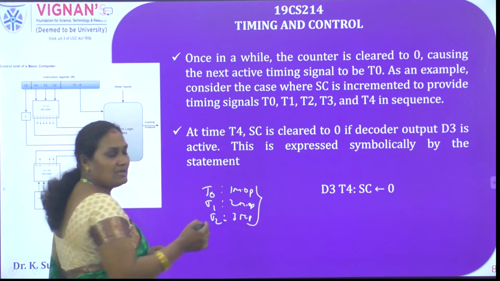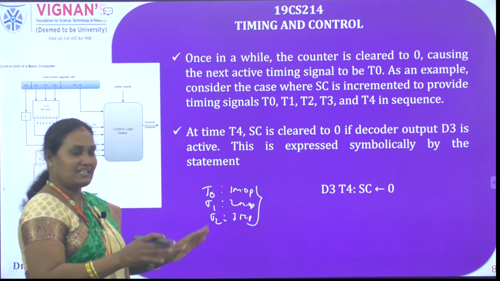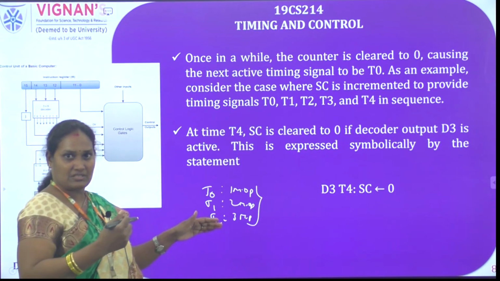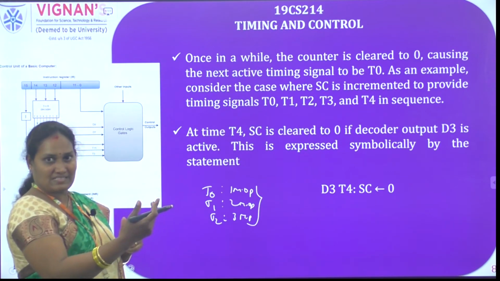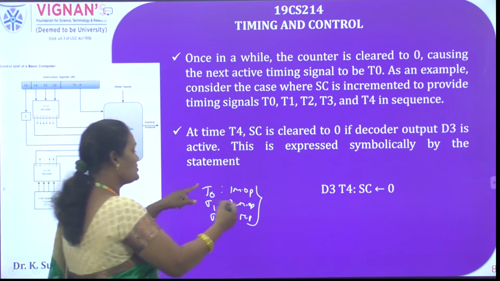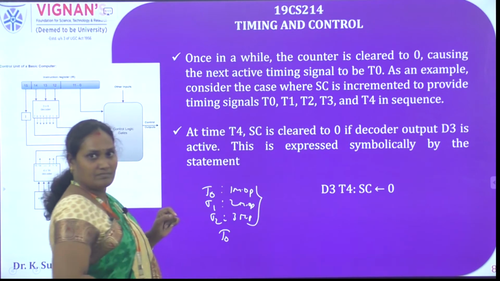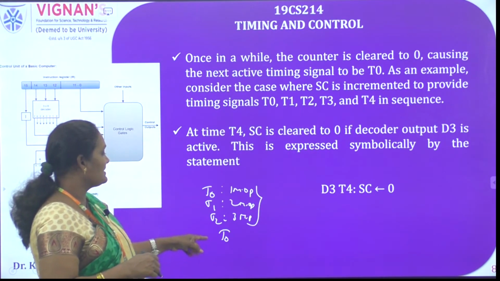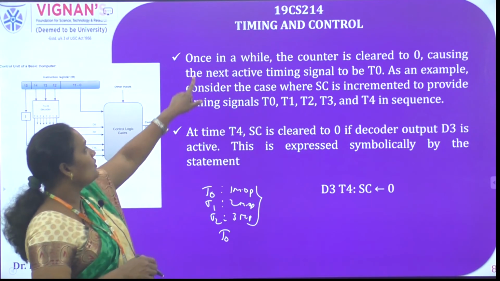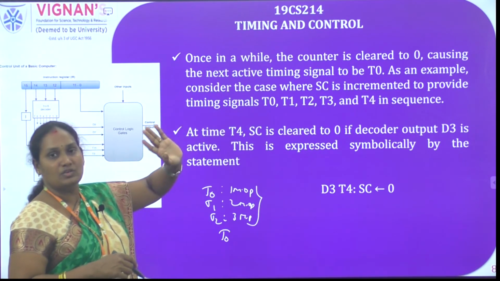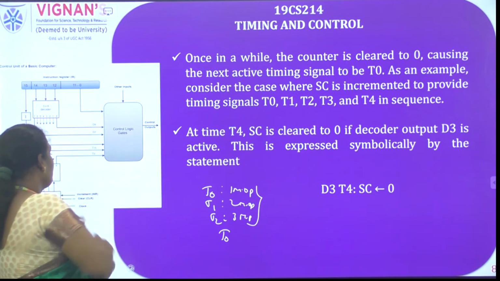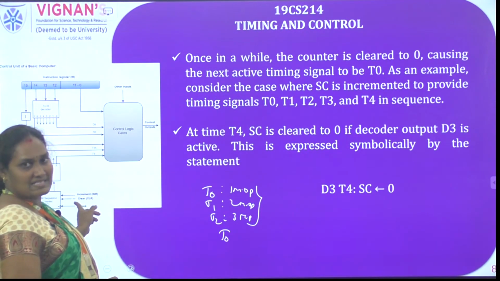By doing these 3 micro operations, if I completed the execution of this instruction, I need to do the execution of the next instruction. So, for the execution of the next instruction, the timing pulses should start from T0. The time should start from T0. So, for making the time signal go from T2 to T0, once in a while, the counter is cleared to 0. For that, we provided a clear control input to the sequence counter.